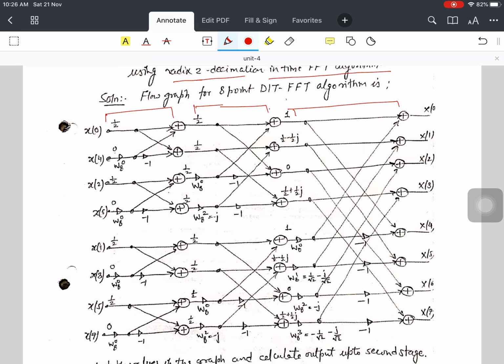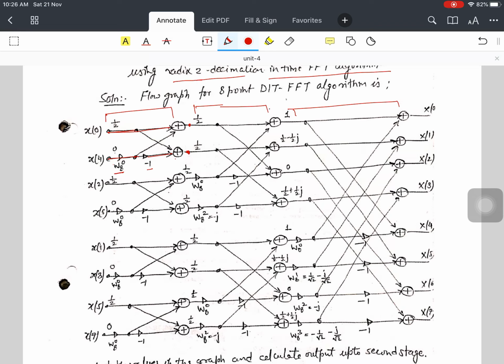If you remember from the previous lecture, x0 and x4 are connected, x4 is multiplied with the twiddle factor W_8^0, and here the multiplier is minus 1.